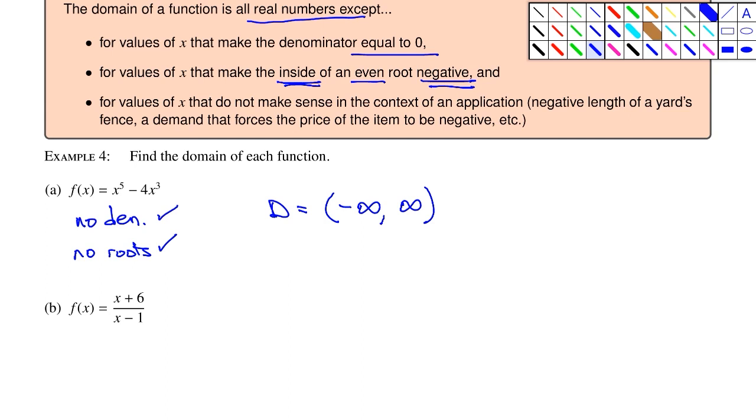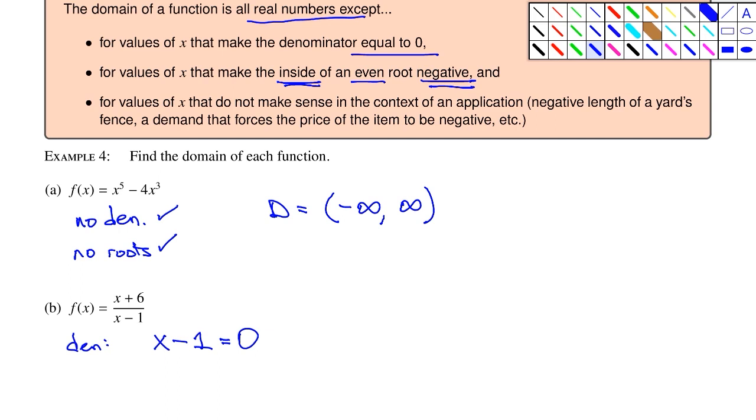Part B says f of x is equal to x plus 6 over x minus 1. Well, we do have a denominator, so we have to worry about that. The rule for the denominator is that the values of x that we use in the domain cannot allow the denominator to be equal to 0. So to find those x's, I'm just going to set the denominator equal to 0.